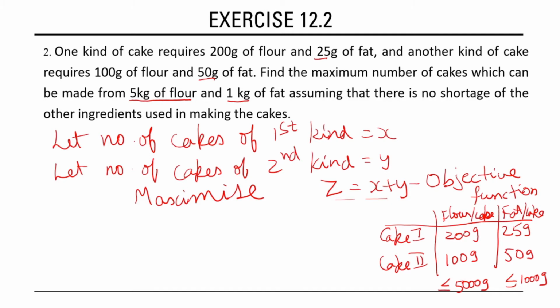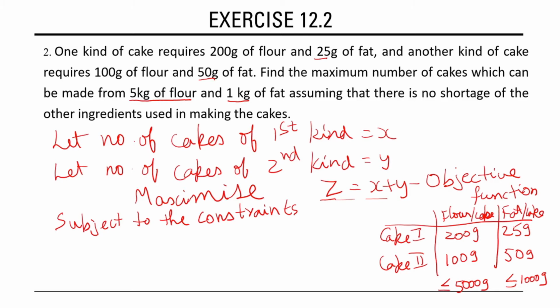So here we have to find the maximum number of cakes. So we have to maximize z is equal to x plus y. This is our objective function and we are having certain conditions. So we have to write subject to the constraints. Constraints means conditions. Subject to the constraints.